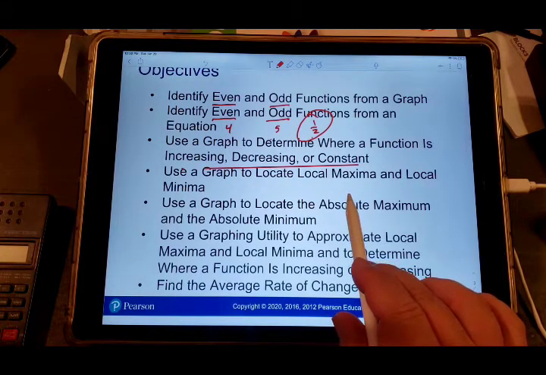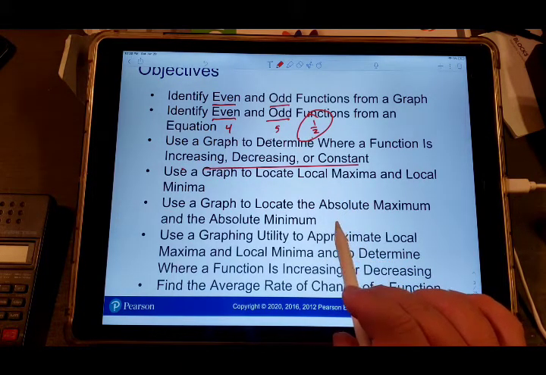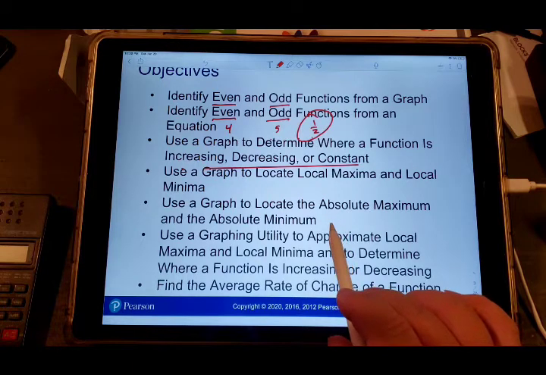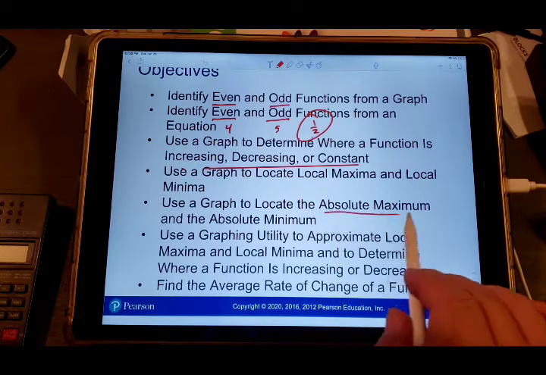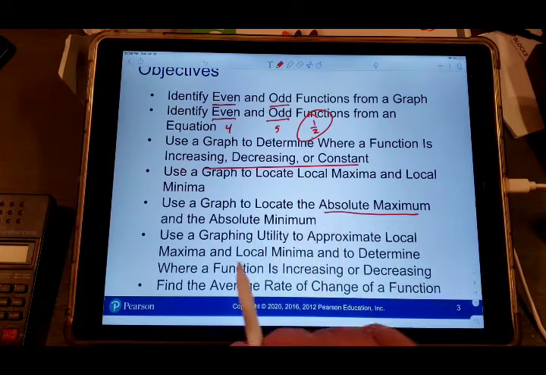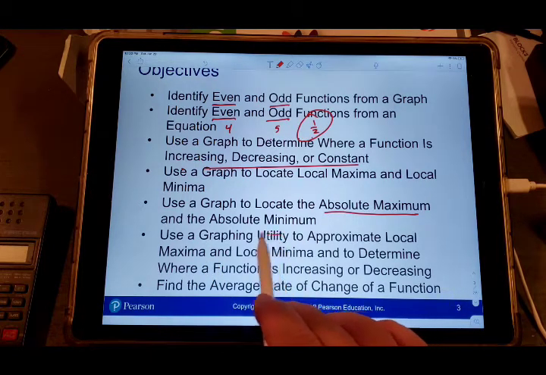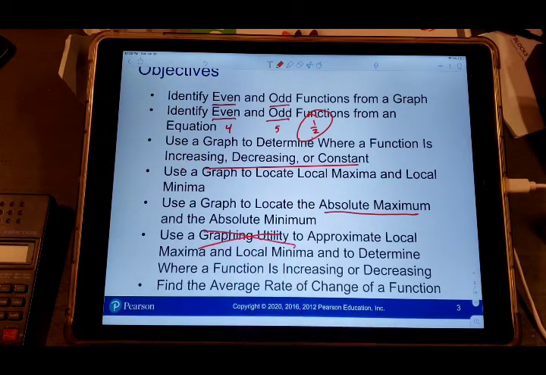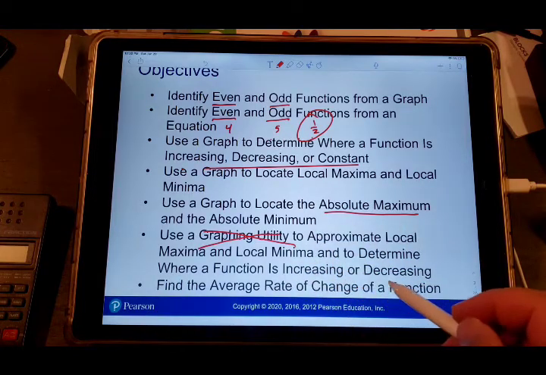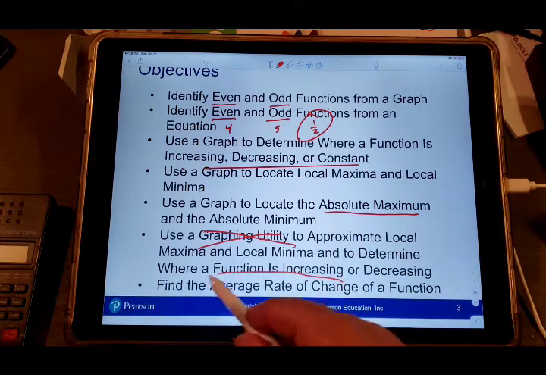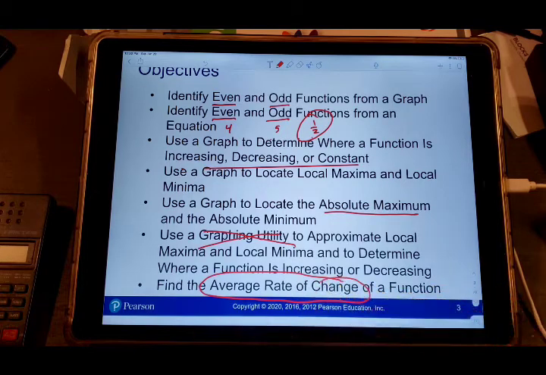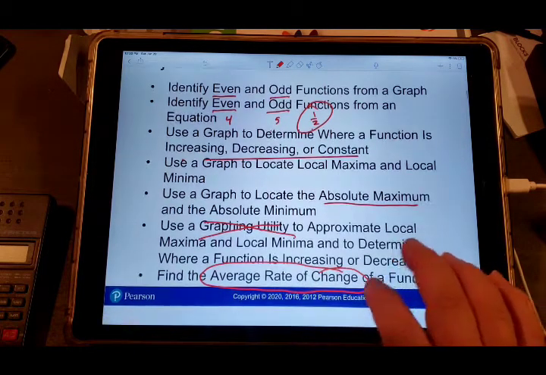So again, this is one of those foreshadowing ideas. But absolute maximum, absolute minimum, we'll get to talk about that a little bit. We're not going to do anything with graphing utility, so that's completely crossed out. Not completely, I have one slide where that still remains. But average rate of change is another idea that you'll definitely need to know.